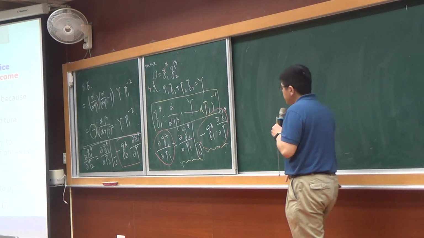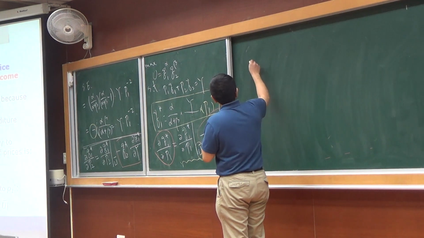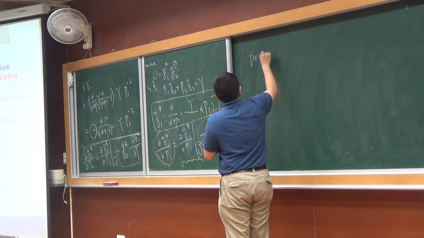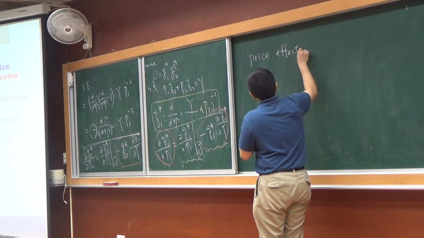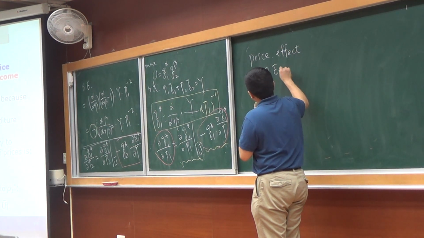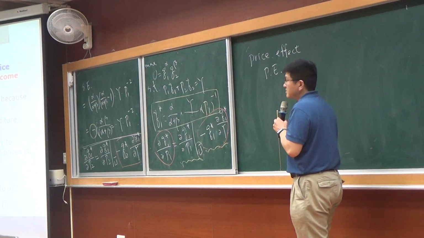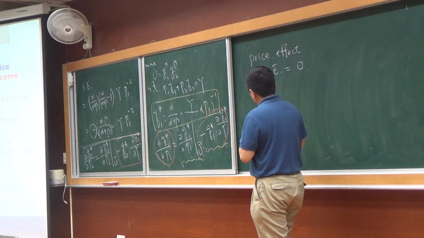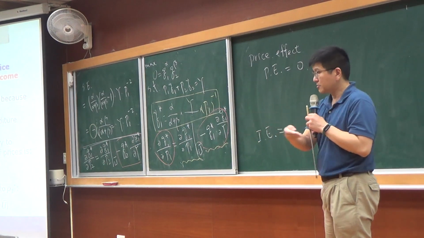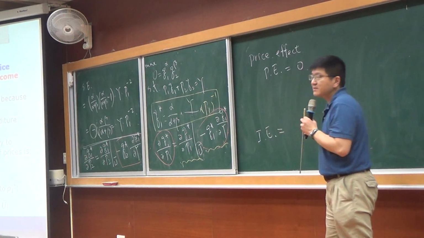So with the change in P2, later on we will say PE, price effect, will be 0. And income effect. Now, you do the income effect parts.